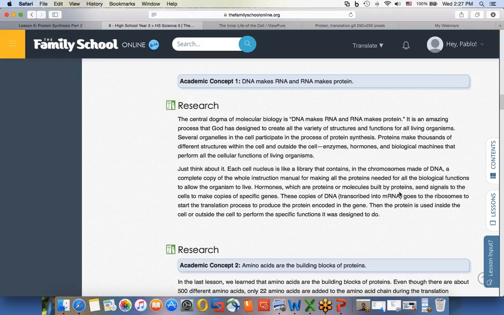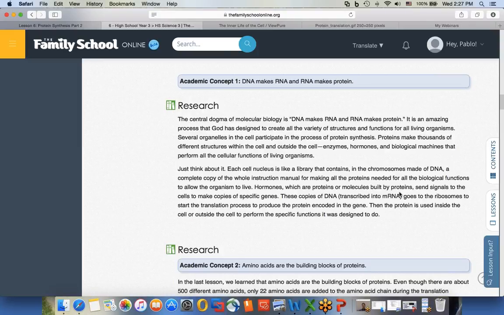The cell nucleus is like the library of the cell. The interesting thing is that each cell contains a whole copy of the whole library, all the instructions to make all the different things you can imagine making with Legos.